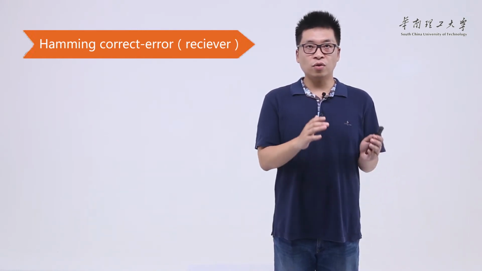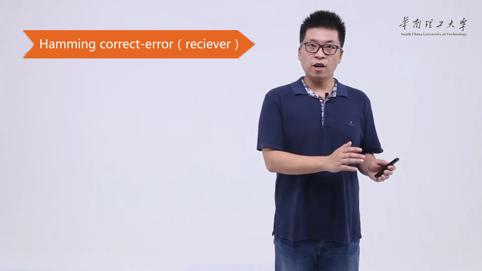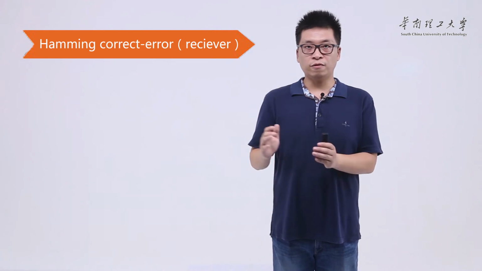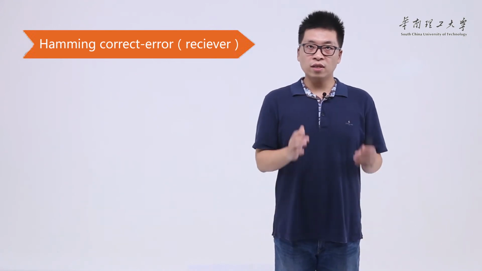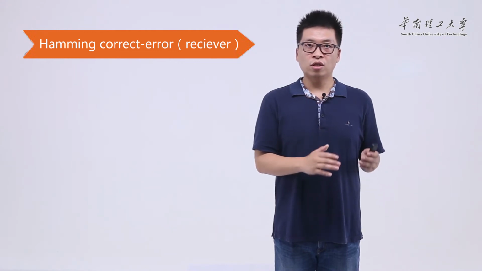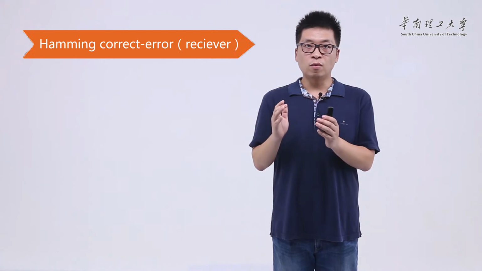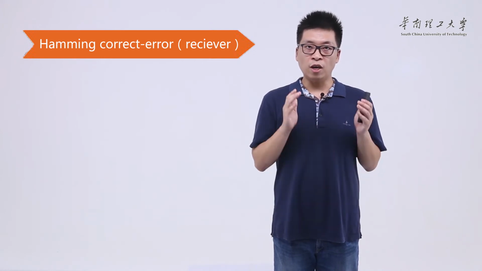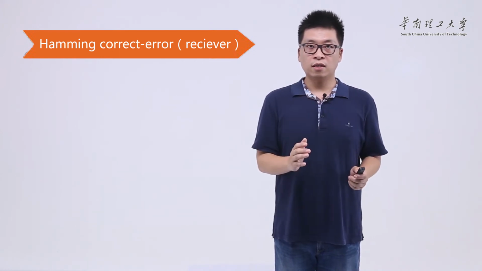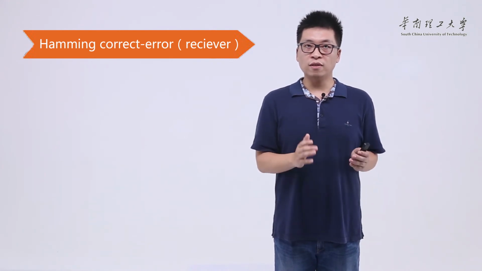The sender applies Hamming code to convert the original frame to the Hamming coded frame. When the receiver receives it, the receiver also needs to check whether there is an error, and if something is wrong, correct it. So here is the algorithm for the receiver side.